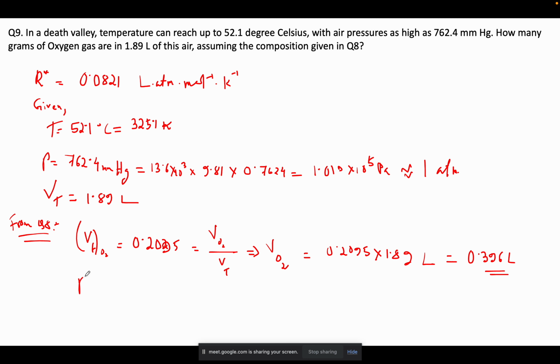Now the ideal gas equation: if the number of moles is there, we can write this in terms of the universal gas constant. We know T, we know P, we know V, we know R*, and from here I can calculate the number of moles of oxygen present in this volume.